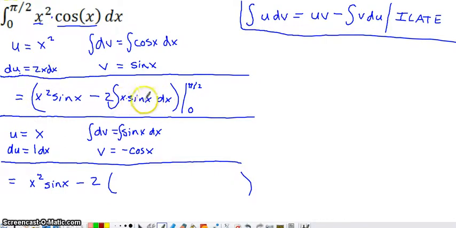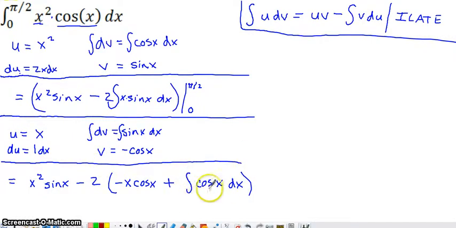So the integral of x sine of x is going to be replaced with my new u times my new v, so that's x times negative cosine of x, so I'm going to write that as negative x cosine of x, minus the integral of v du. So v is negative cosine of x. I'm going to factor that negative out in front of my integral and change this minus sign to a plus sign. And then I have cosine of x sitting inside of this, and a dx there as well.